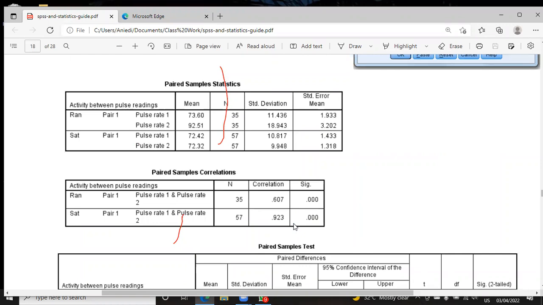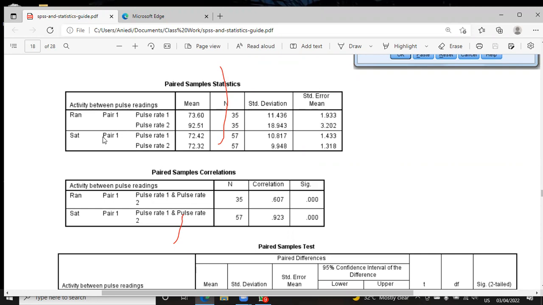Now, they first of all analyzed those who ran, before running and after running. The mean pulse rate before running was 73.60. Then the mean pulse rate after running is 92.51. This is the standard deviation, and this is the standard error of the mean.